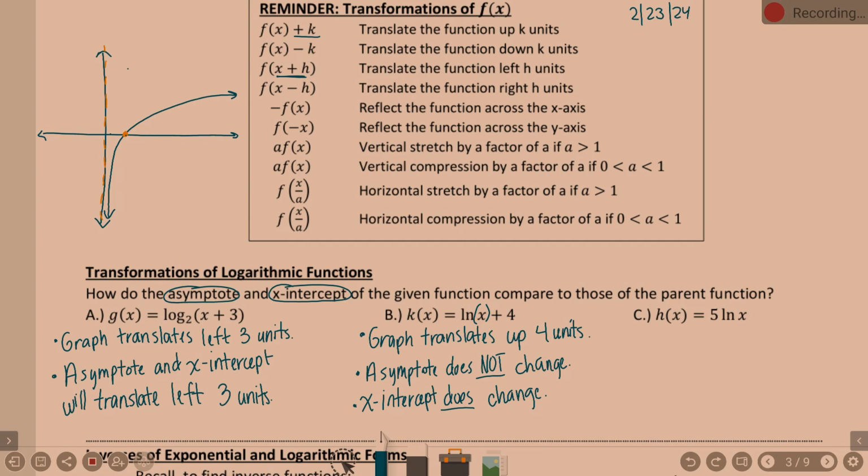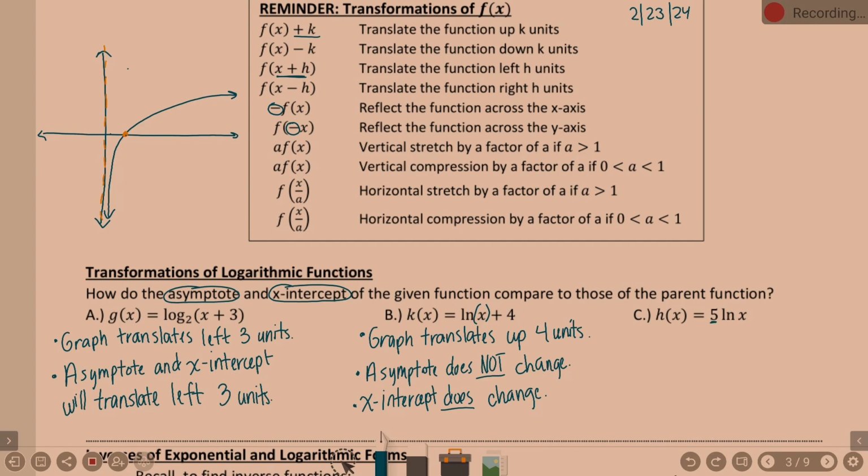Okay, so we have h of x equals 5 natural log of x. I'm not sure I agree with a reflect, because if there's a reflect, what do I have to see? A negative. We do have a number out front.